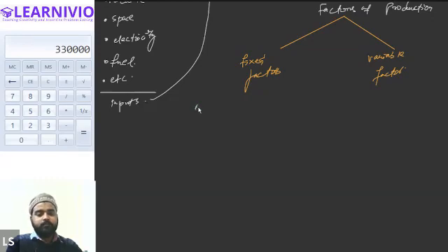Let's say a firm is using a particular machinery for producing goods. Even if this producer is using 5 machines for producing goods, and these 5 machines have a collective capacity of producing 50,000 units.